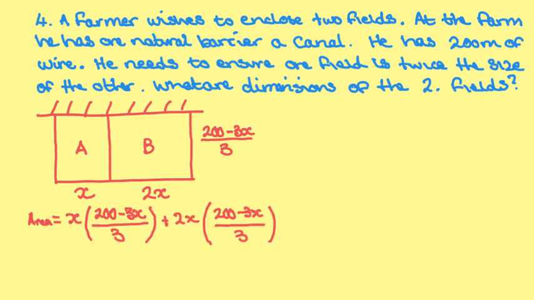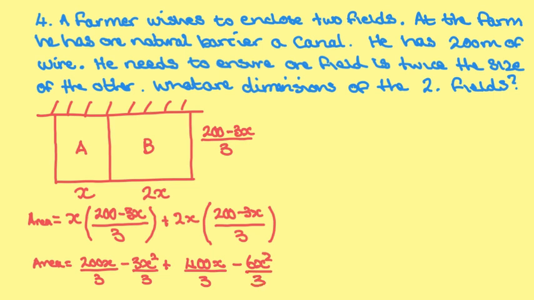If I expand these, I get the area will equal 200x over 3 minus 3x squared over 3 plus 2 times 200 is 400x over 3 minus 6x squared over 3.